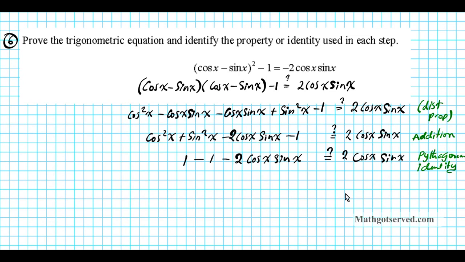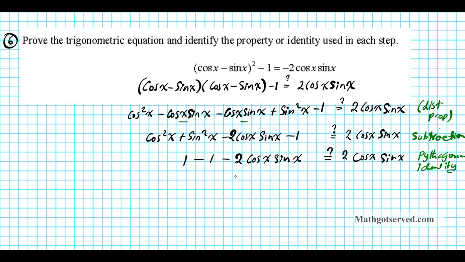Or yeah, we can just call this operation subtraction. It's kind of related to addition, but what we did is we subtracted these two right here. So subtraction. All right, when we're combining this term and this term. Now if you combine these two terms right here, you notice 1 minus 1 adds up to 0.